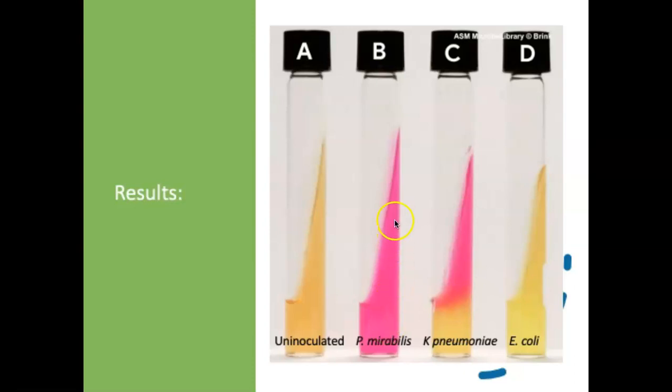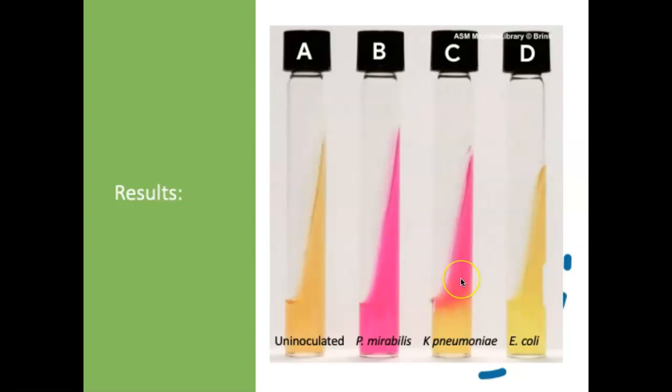If I were to interpret this, I would say that Proteus mirabilis has secreted the urease enzyme into the culture media, and that urease enzyme broke down the urea that was present in the medium and turned it into ammonia. Ammonia has a high pH, greater than 7, so the phenol red turned the medium this fuchsia color. Proteus mirabilis is known for being rapidly urease positive.